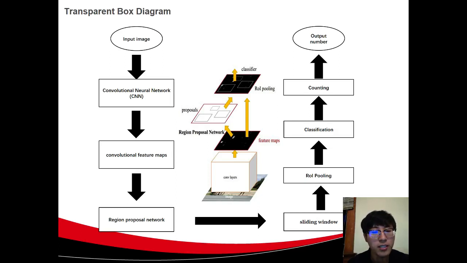In this procedure, you need to slide windows to get the whole region of interest, and you will need to pool the ROI and only classify the objects in the ROI. ROI is region of interest. This will increase the speed of our program. And at last you will get the result.